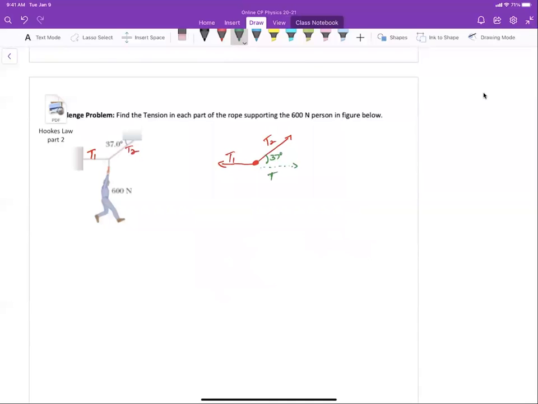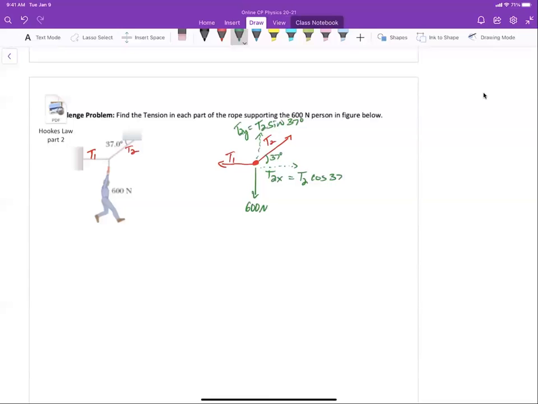T2 in the x direction is equal to T2 times cosine of 37. And T2 in the y direction is T2 sine of 37 degrees. And I have the gentleman's mass times the acceleration due to gravity, of 600 newtons pulling downward.